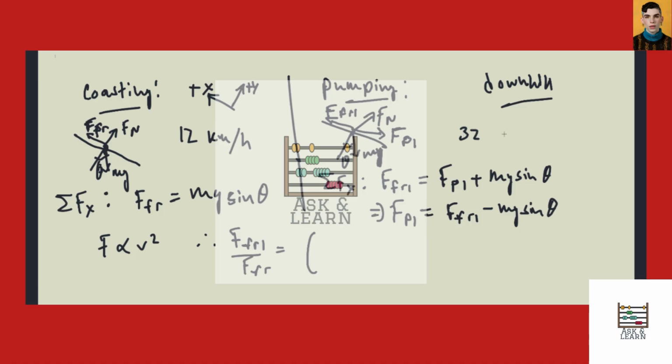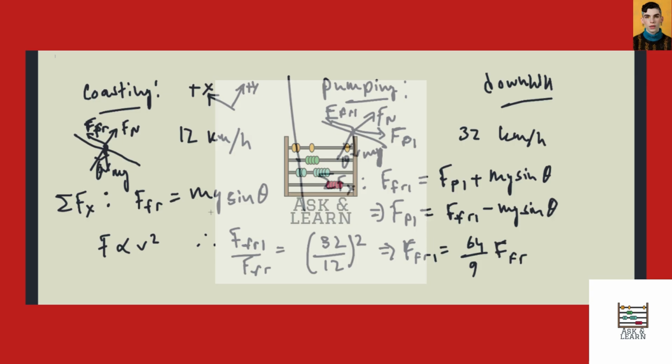Pumping velocity is 32 kilometers per hour. So just take the ratio of those, 32 over 12, and you square that because the proportionality constant cancels out. So FR1, therefore, is 64 over 9 times FR.